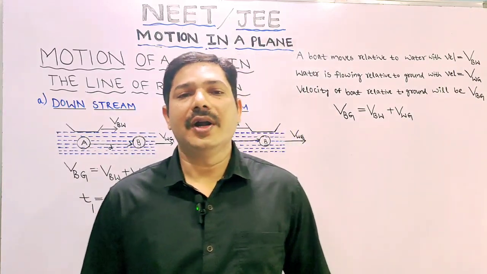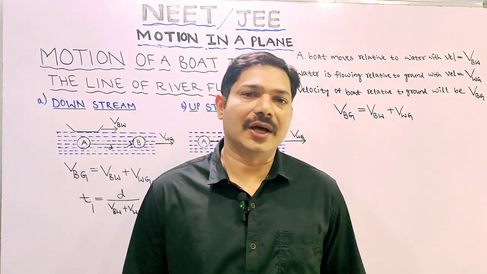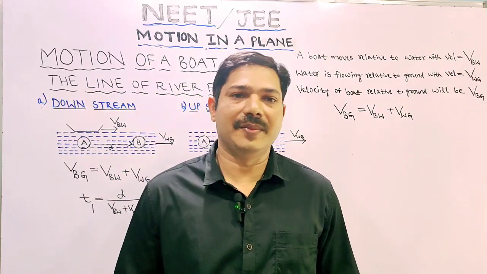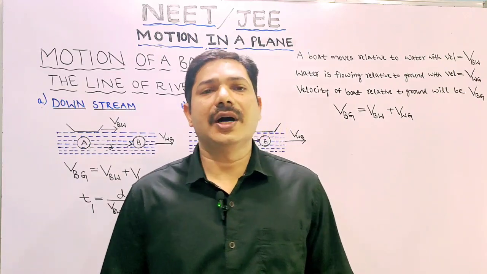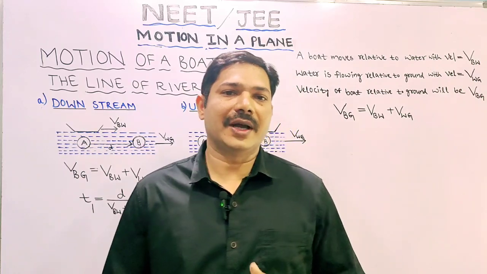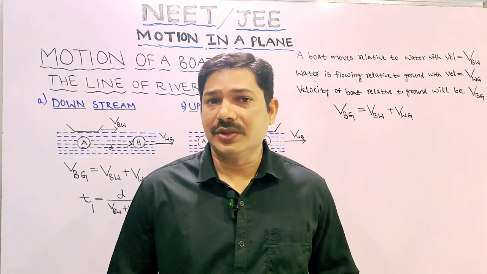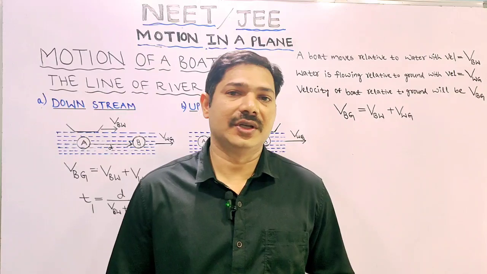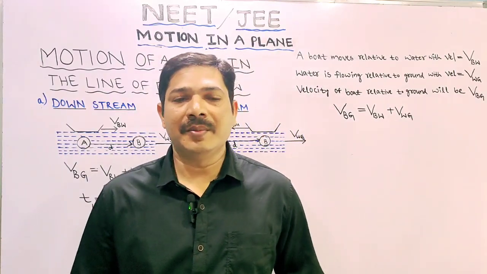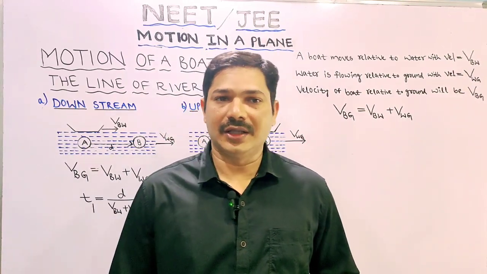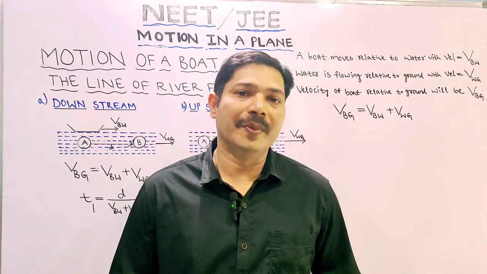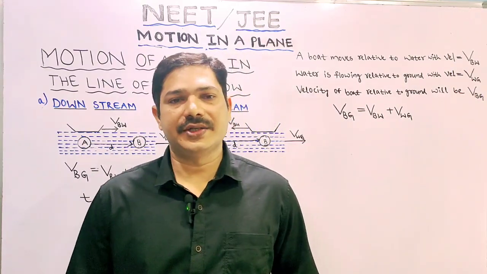What does upstream mean? What does downstream mean? We will also discuss the shortest path and the shortest time to reach from one bank to another, and at what time he reaches the other bank in minimum time. These topics will be discussed in detail, including numericals. Okay, let's start the class.